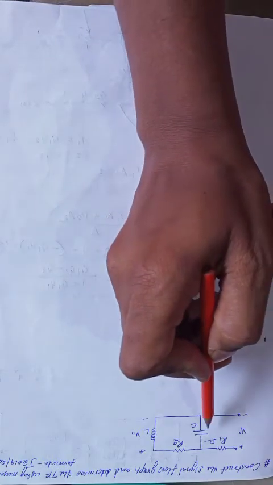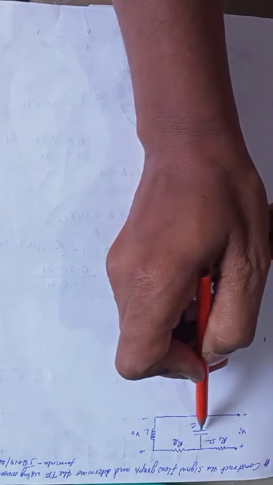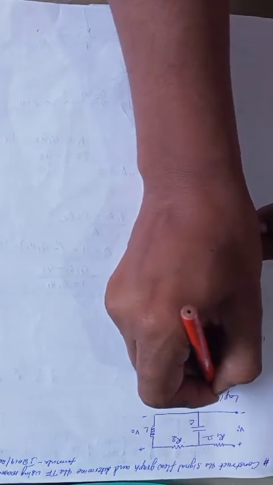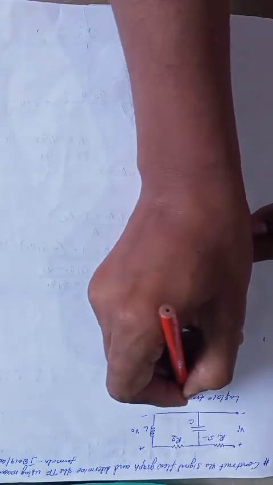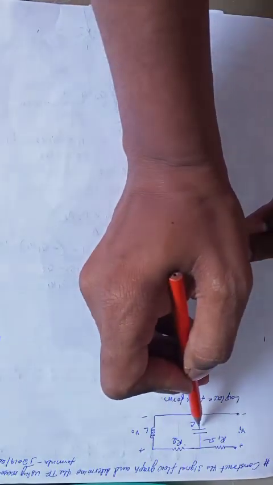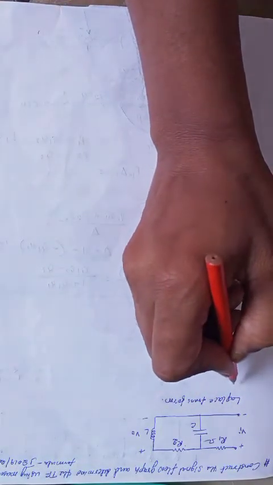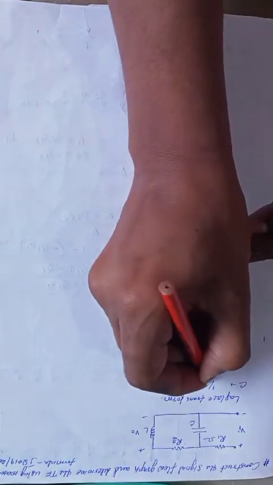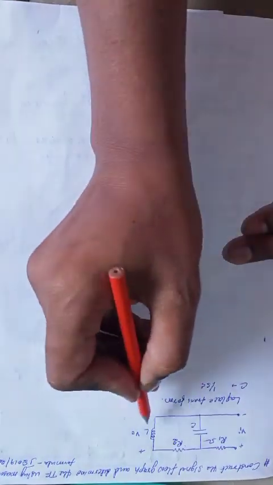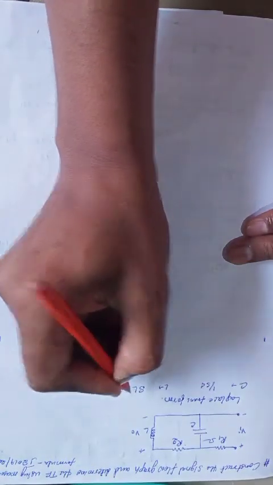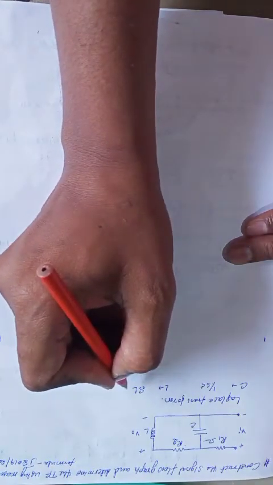How to convert? We know that in the Laplace transform, the capacitor is written in terms of ohms, that is 1 upon S into C. The inductance, as a derivative, is S into L or LS.